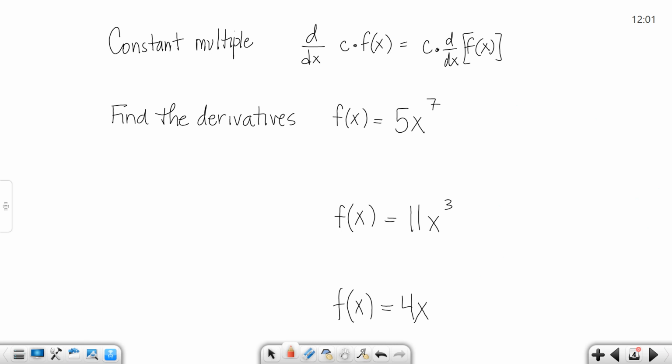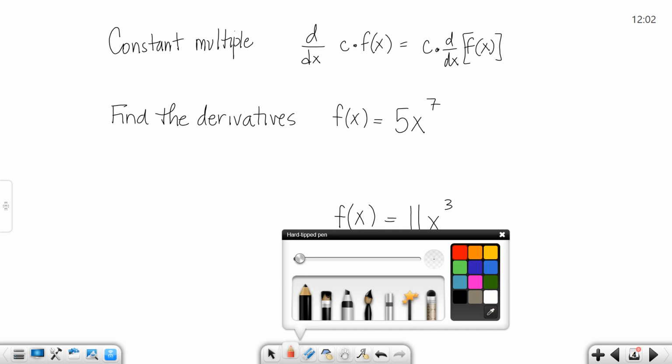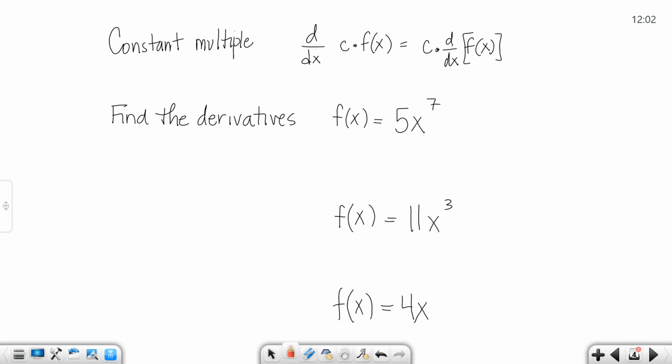The next rule that you have is the constant multiple rule, and that means you have a coefficient in front of an x term. So here's how that rule plays out. So looking at this 5x to the 7, the 5 is just going to stay out front. You're not going to do anything with it. And that's what they do here in the definition at the top of the page.